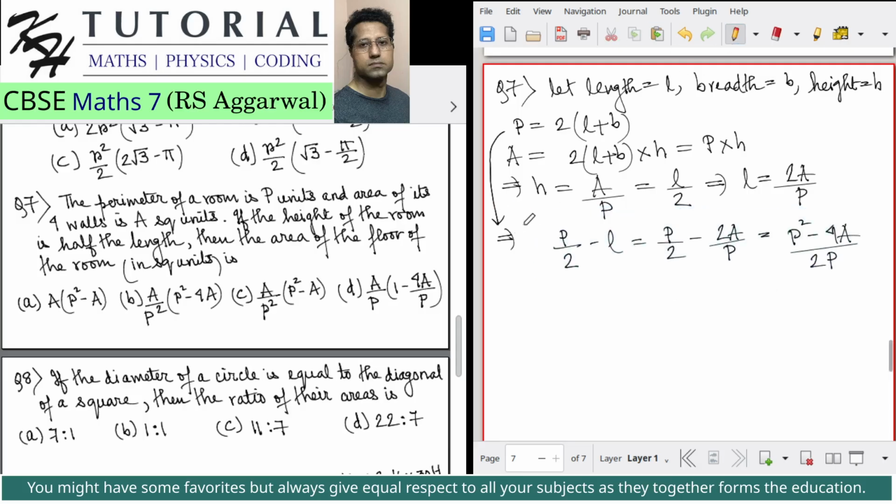So this implies B, breadth, will be equal to P by 2 minus L, which is equal to P by 2 minus twice A by P. Okay. So we have found L and B.